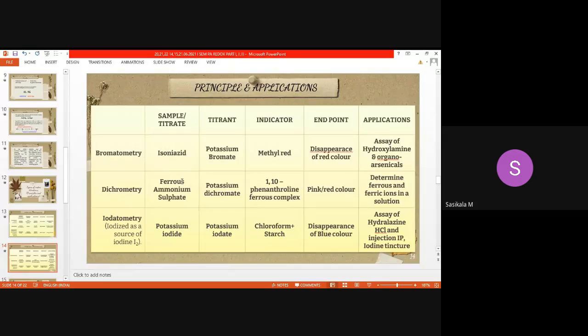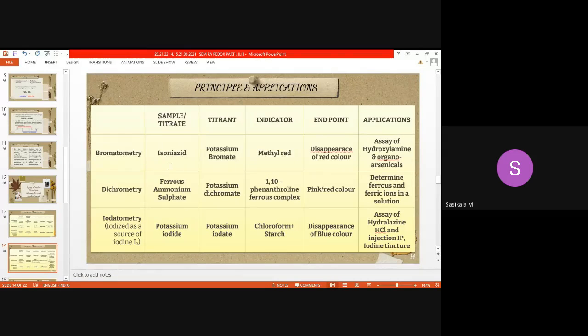The drug molecule isoniazid and the organoarsenicals category of drugs can be analyzed by bromatometry using the known concentration of titrant, that is potassium bromate. Here the indicator used is methyl red, and disappearance of red color is the endpoint for isoniazid drug analysis.